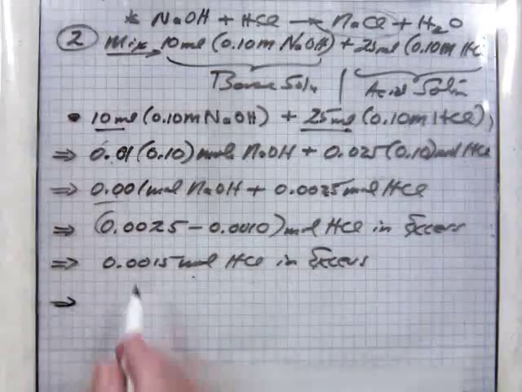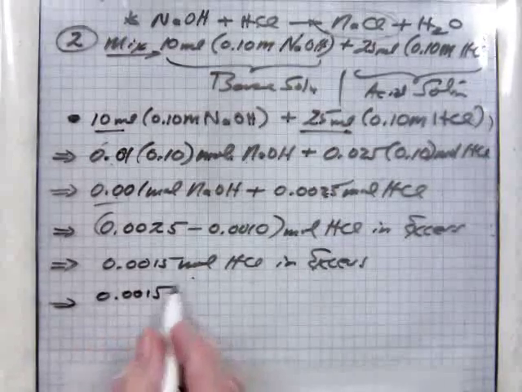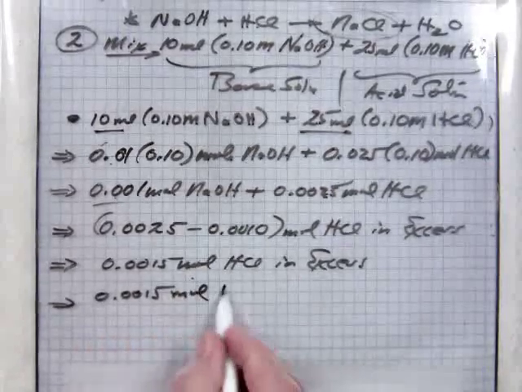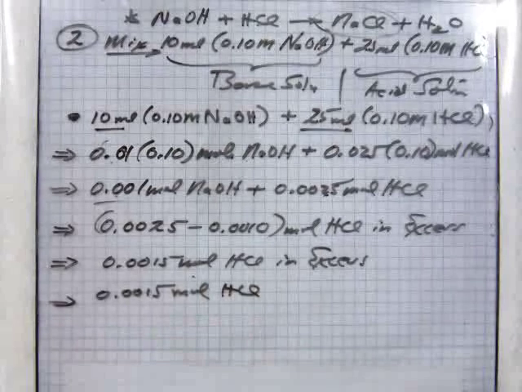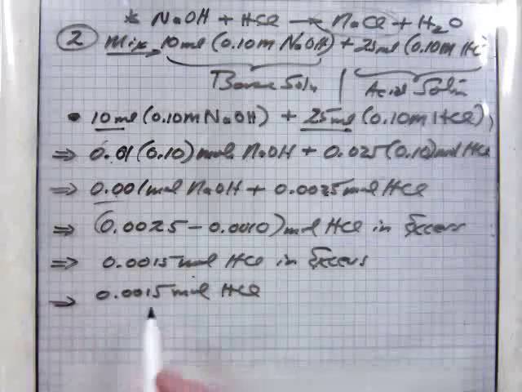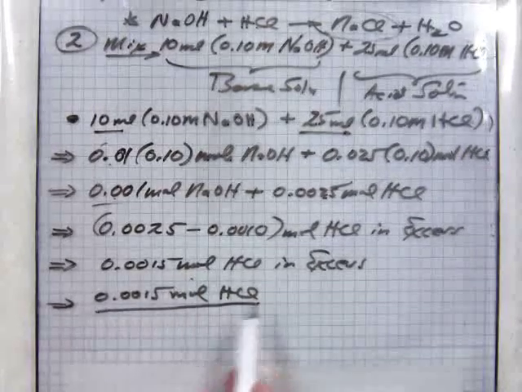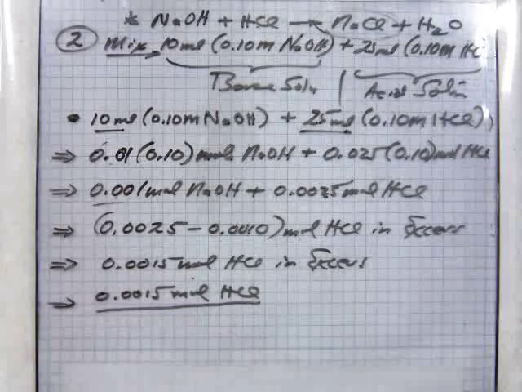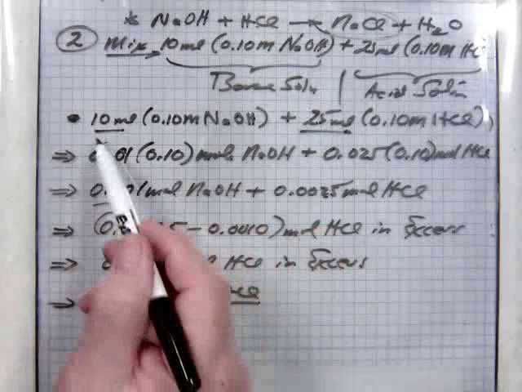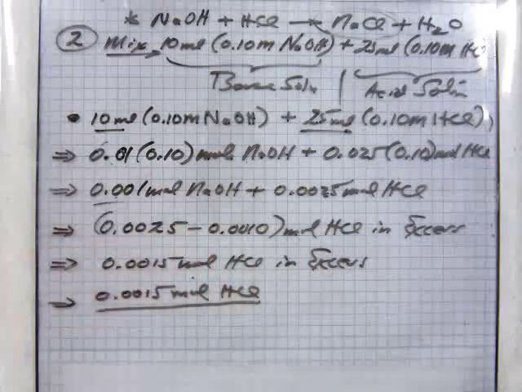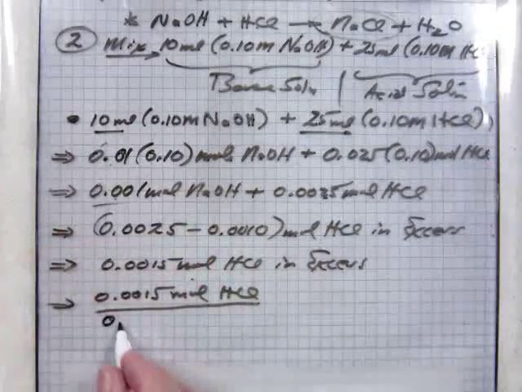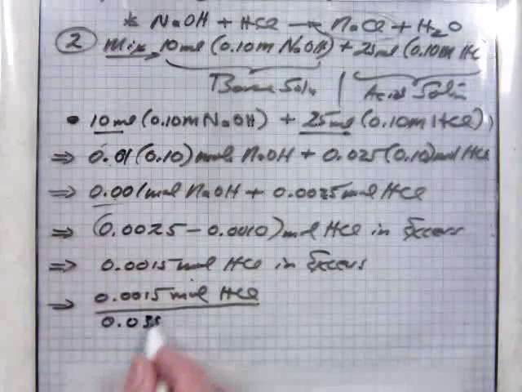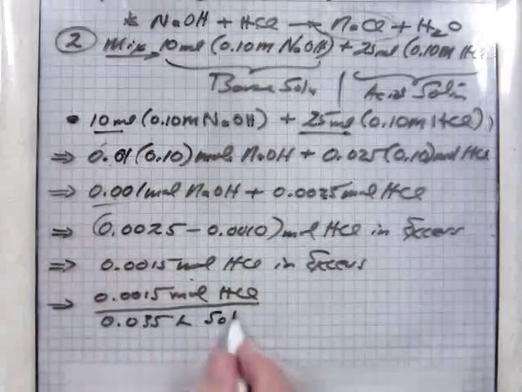So this is 0.0015 mole of HCl in 35 milliliters. And to convert to molarity, you have to divide by the volume in liters. So 25 and 10 is 35, converted to liters is 0.035 liter of solution.